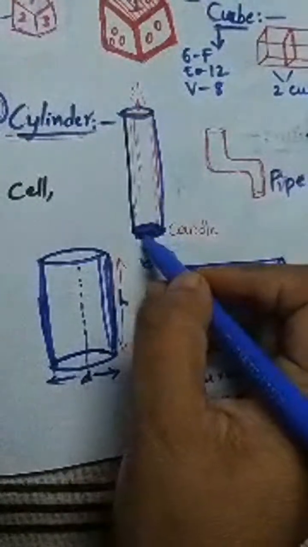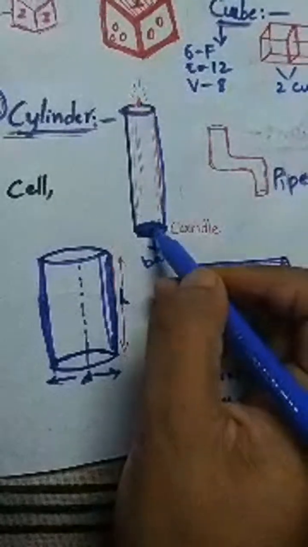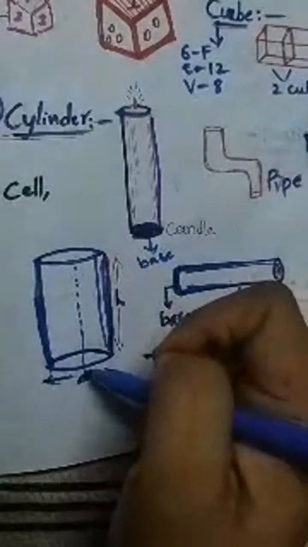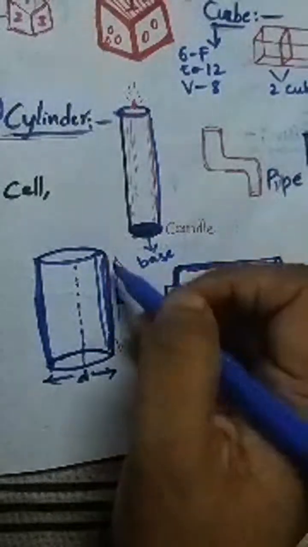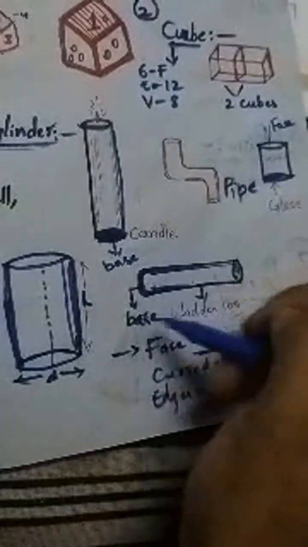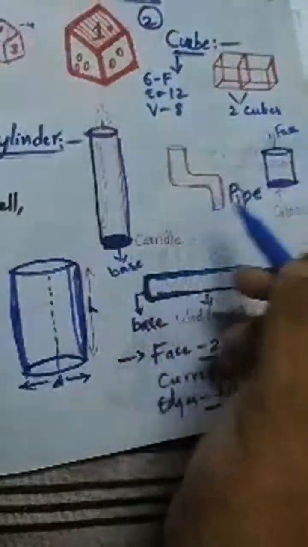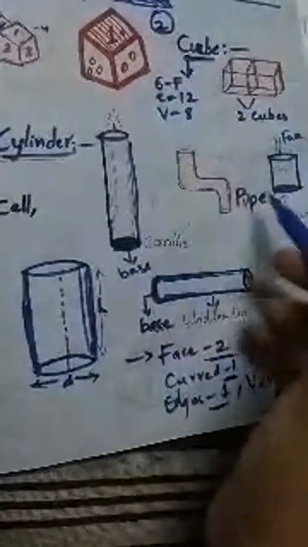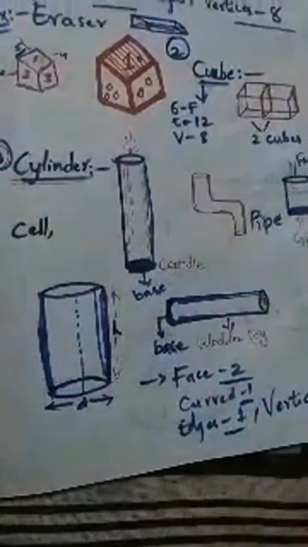This is circular, and it stands on this base only. This is called the diameter, and this is the height of the cylinder. This looks like a wooden log, a candle, a pipe and a glass. The cylinder is the same as these examples. A cell is also another example.